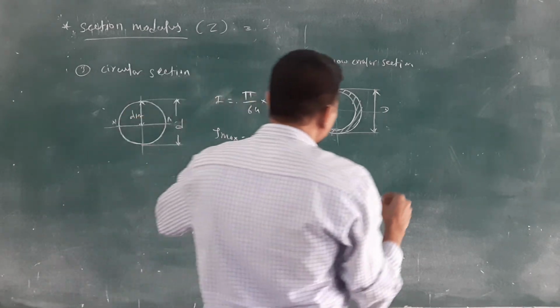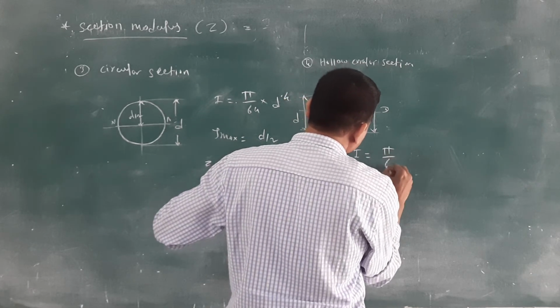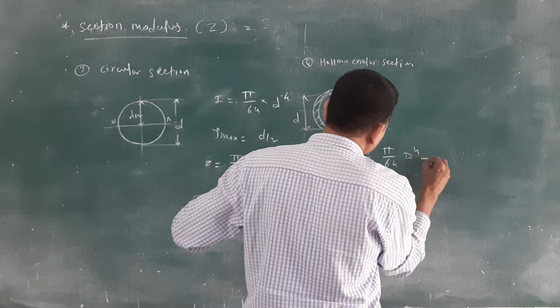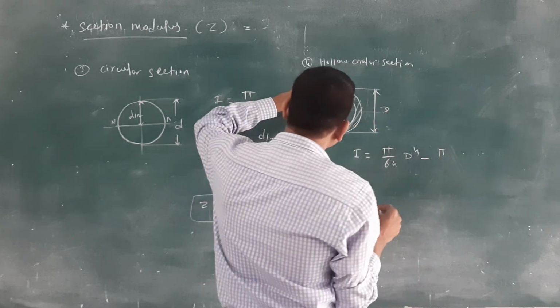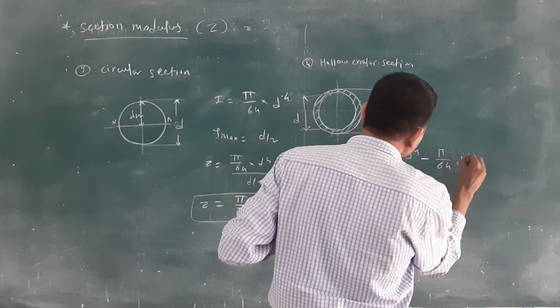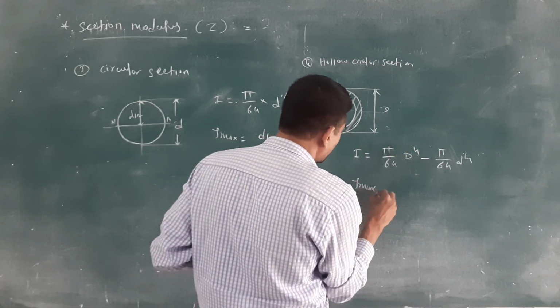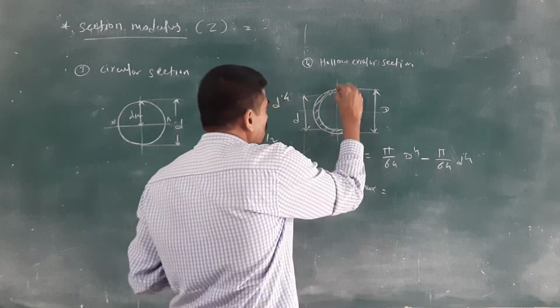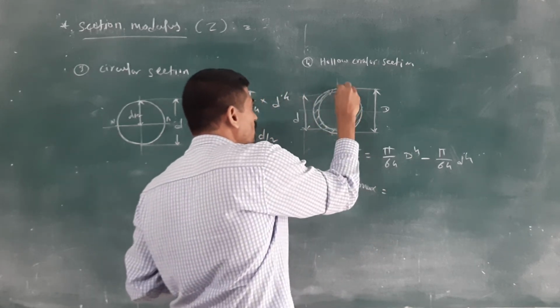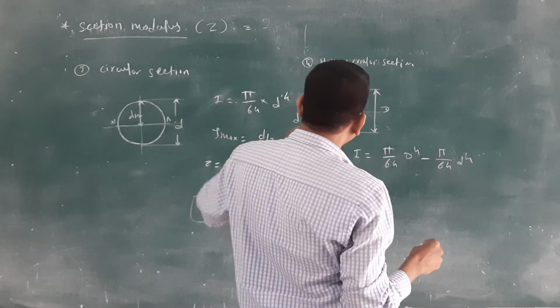Then what is the value of I? We know the formula for the solid. I is equal to pi by 64 into D raised to 4, minus the hollow one inside, pi by 64 into small d raised to 4. And what is the y max? Again, how to calculate the y max? You have to consider the outermost part from the centroid or neutral axis.